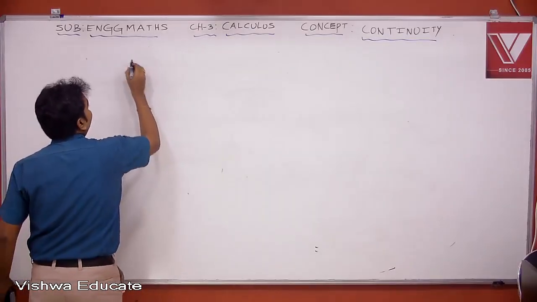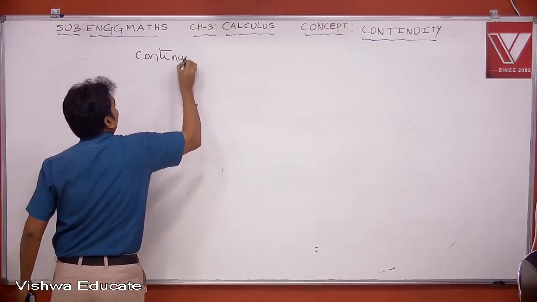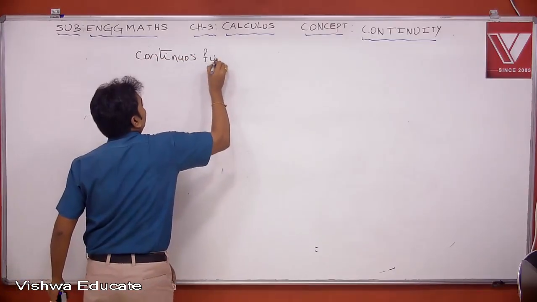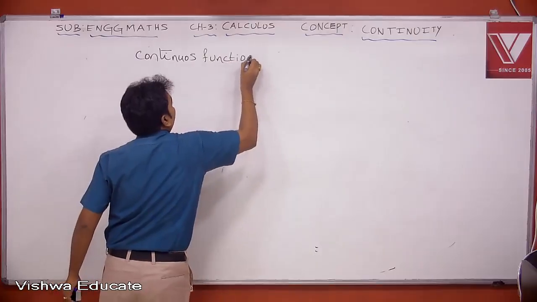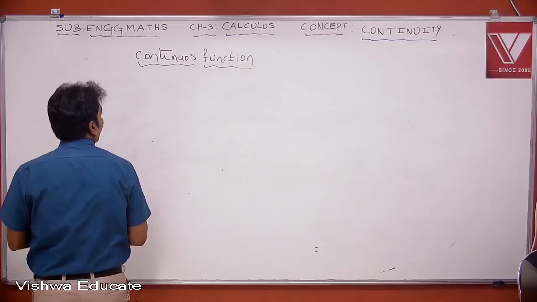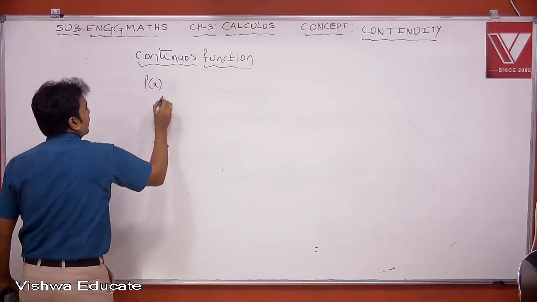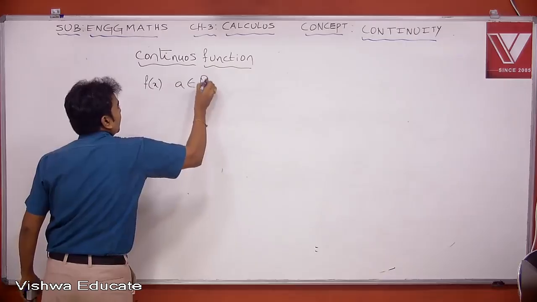Next concept, continuity, or in simple words we can call it a continuous function. Suppose we have a function f of x and a is a real number.